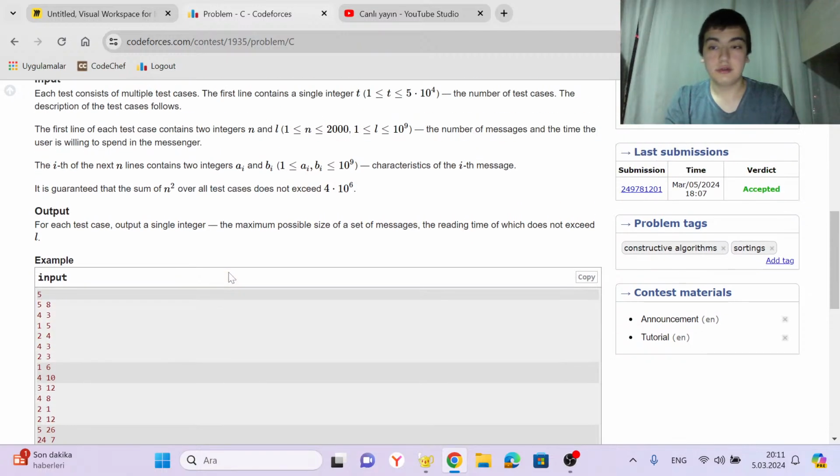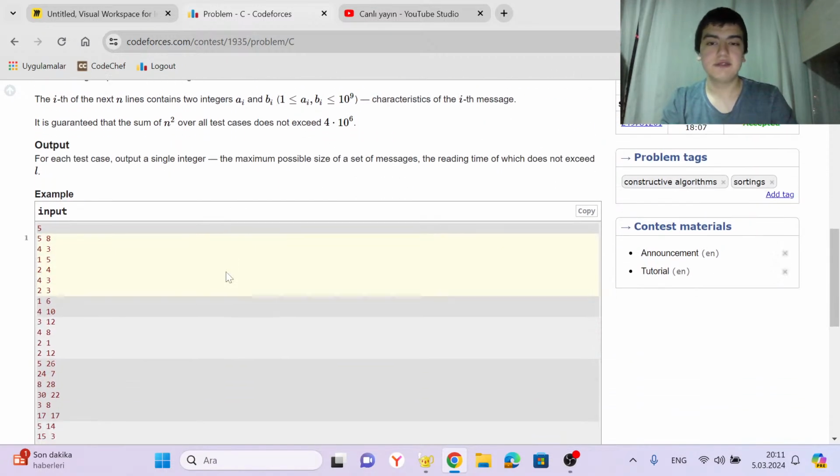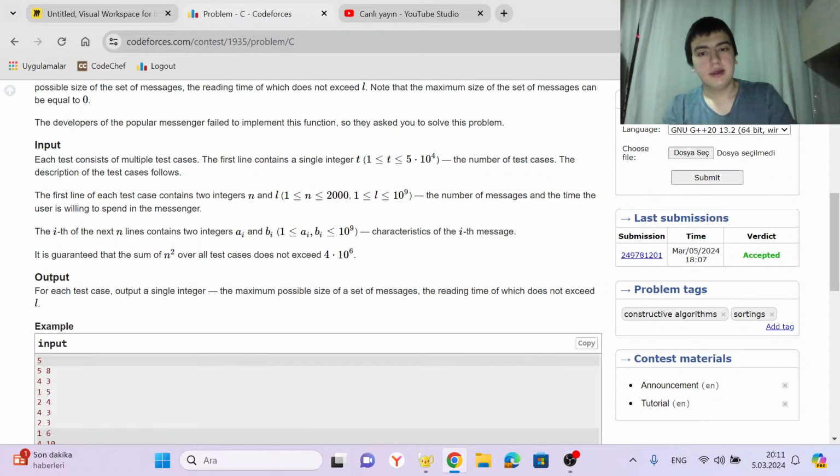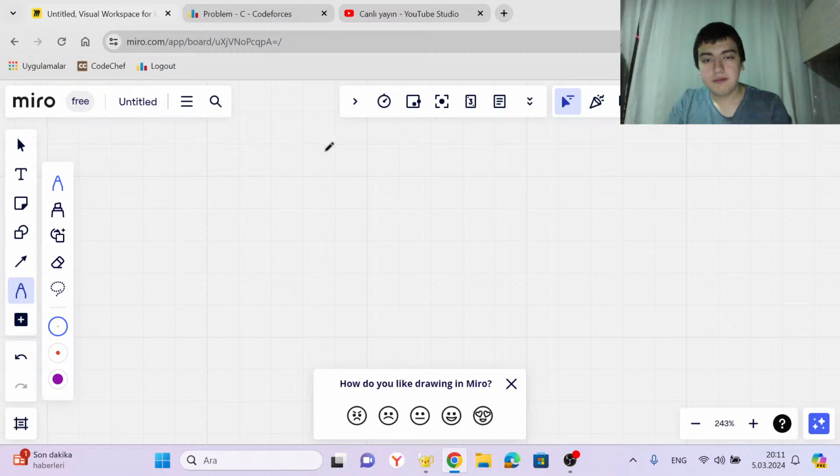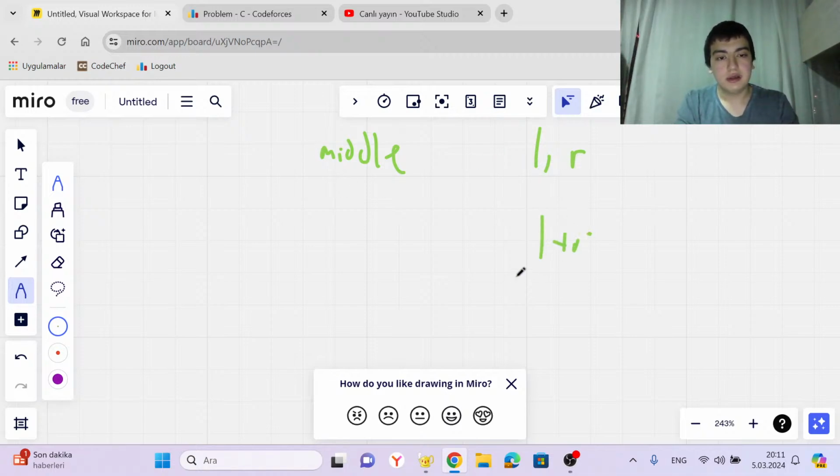So we will also use the binary search on answer technique in this problem to find how many messages we will read. We only need to check if we can read middle messages. Left means the smallest value that the answer can be, and right means the maximum number that the answer can be. Middle means L plus R divided by 2.